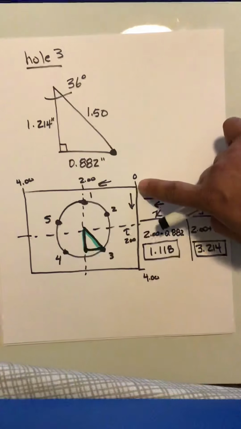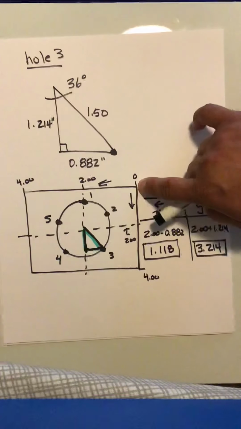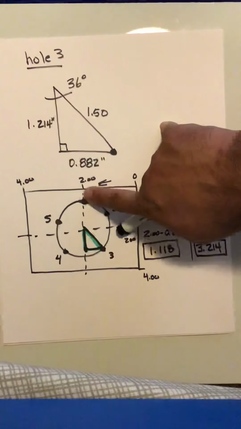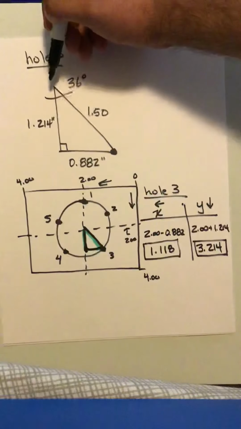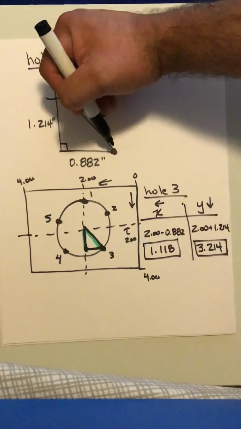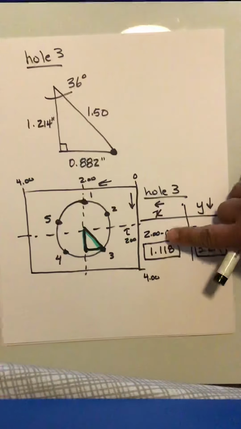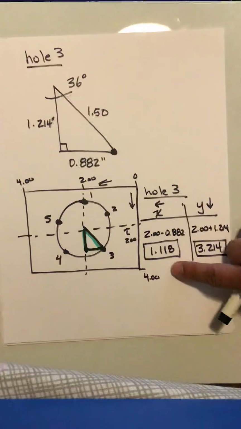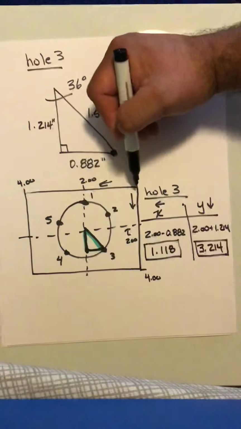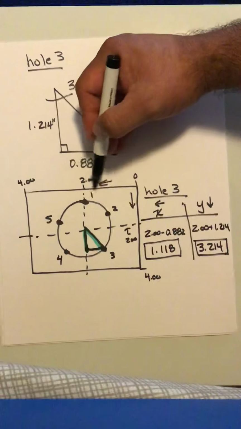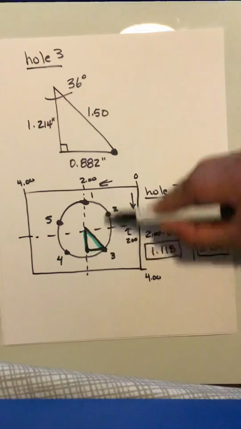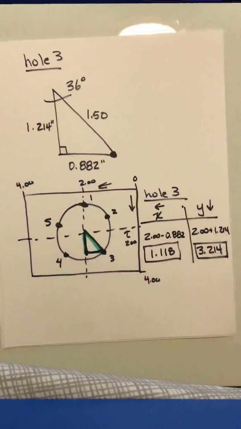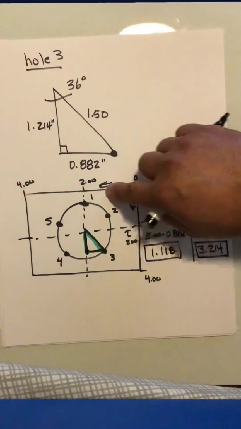To find the x, remember I have to go from here all the way to 2, but back this much. So I'm going to take 2 minus this. That gives me an answer of 1.118. The reason I'm doing this is because I'm going to 2, but I need to go back this much right there.